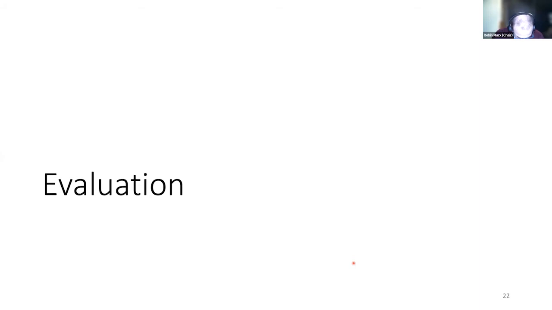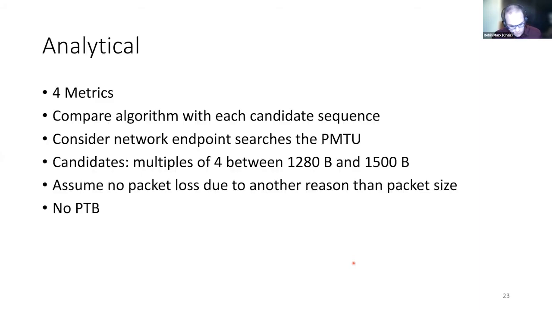How did we evaluate our algorithm? We evaluate it in an analytical way by defining 4 metrics and by considering a network endpoint that searches the PMTU and uses candidates between 1280 bytes and 1500 bytes that are multiples of 4.